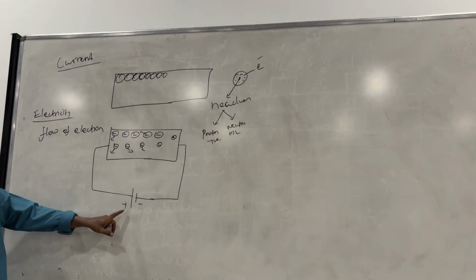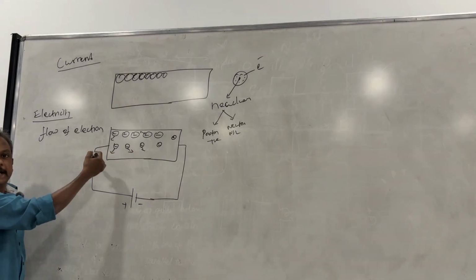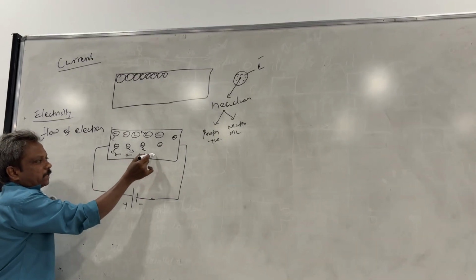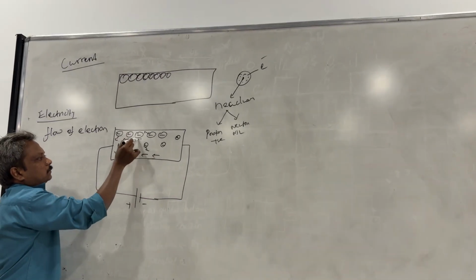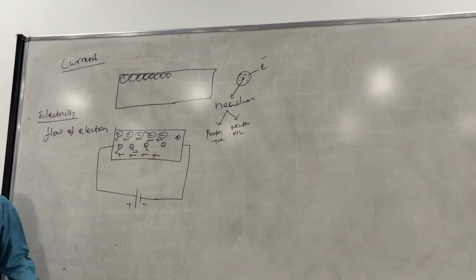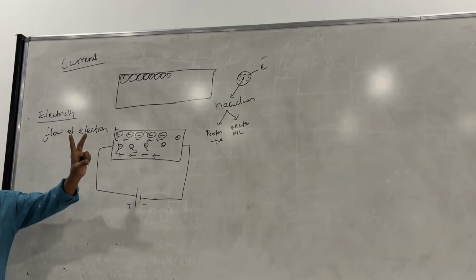I have connected positive here, and this is minus. All negative charges are oriented toward this direction. As soon as I apply potential, all electrons are oriented towards the positive side.